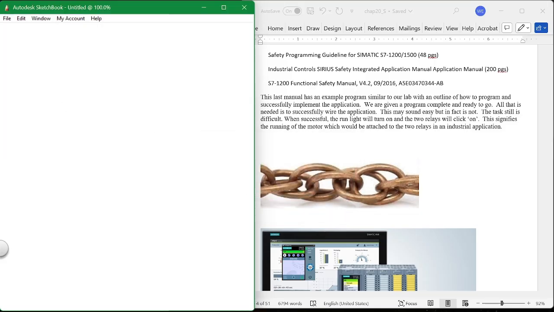So the inputs must agree. The program must agree. The outputs must agree. Or you shut it down. Any questions about that?